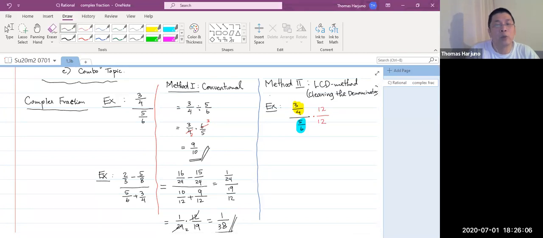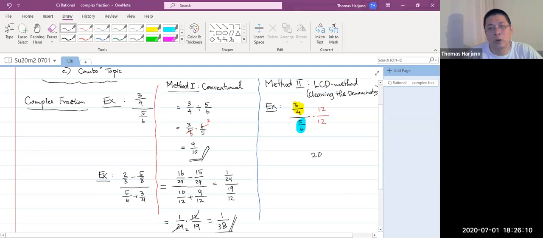Remember, when we simplify fractions, let's say 20 over 30, we divide by the common factor. Since we divide by the same number, we get a simplified fraction, but the same value.